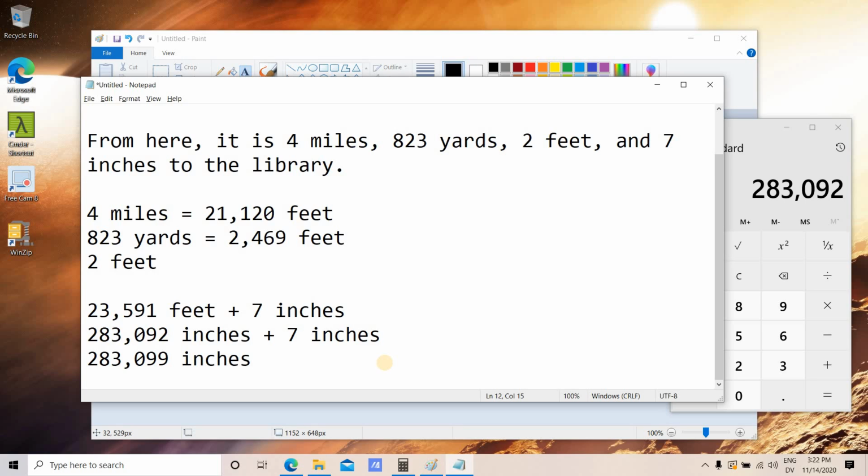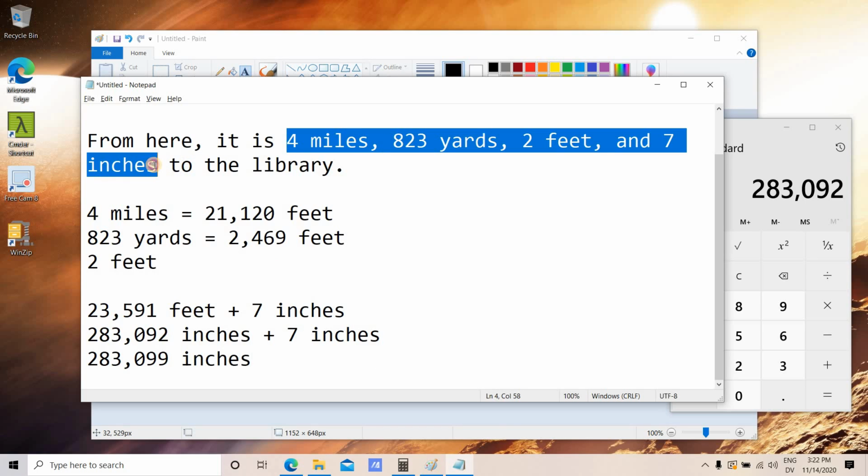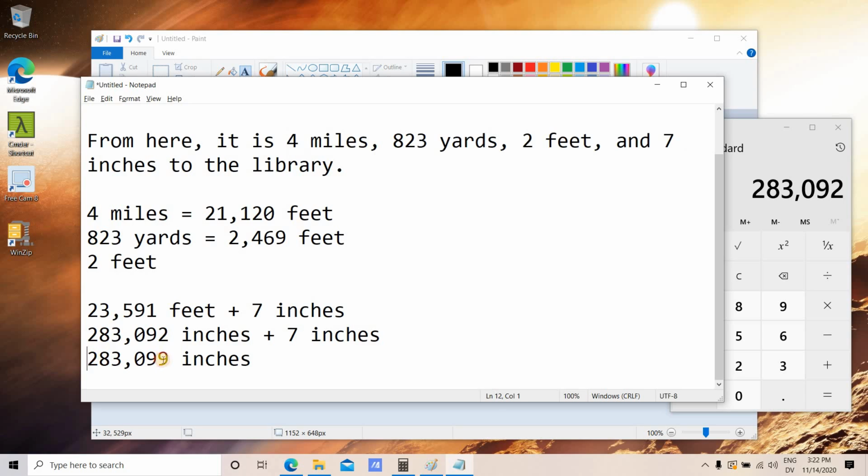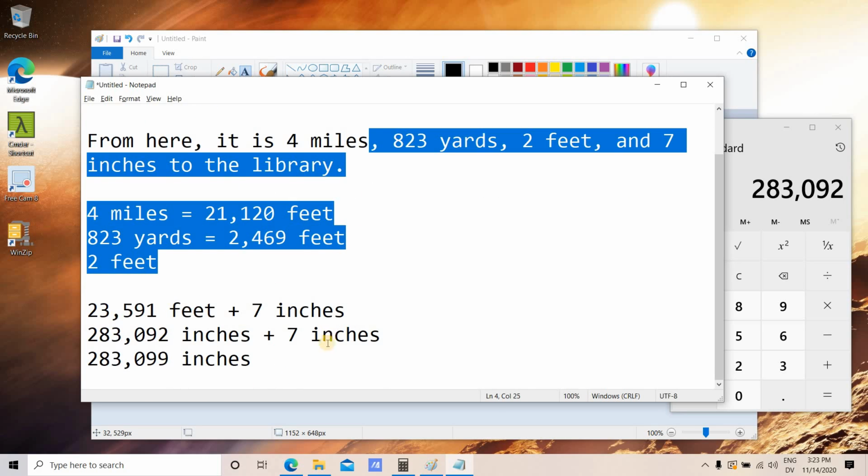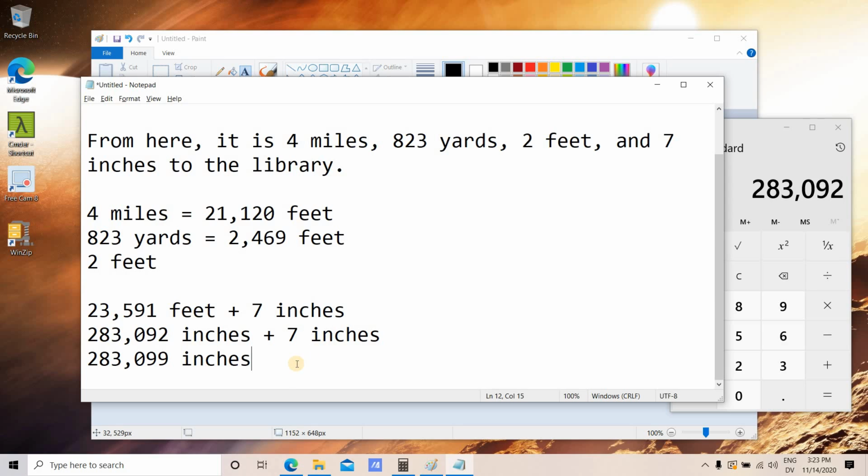So we can say that when we say it's 4 miles, 823 yards, 2 feet and 7 inches, that's the same thing as 283,099 inches. And this distance is the one and only result.